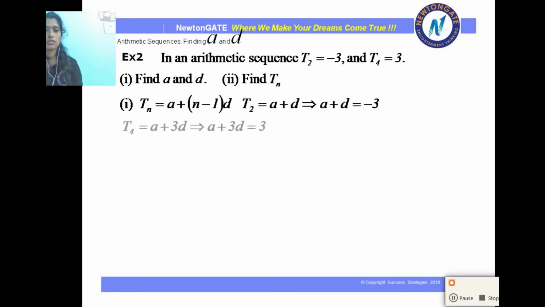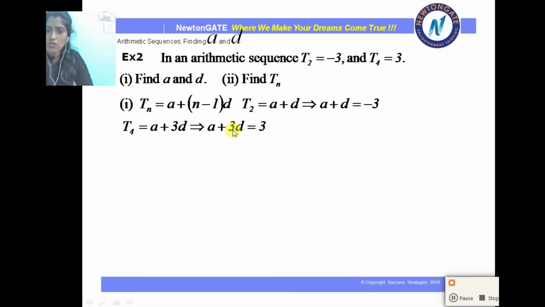Now what comes to our mind? We have two variables and we have two equations. So we can just solve them simultaneously, however you want, eliminate them and you will get the values for A and for D.